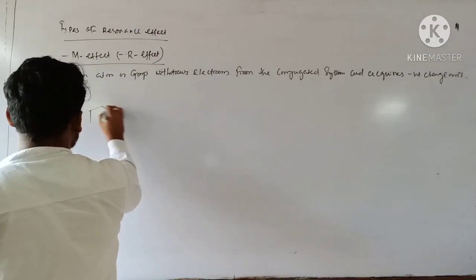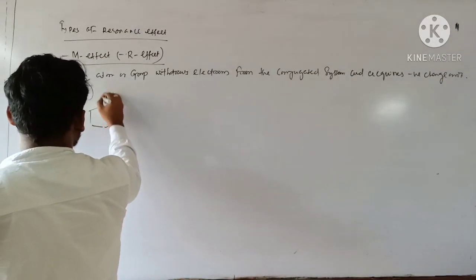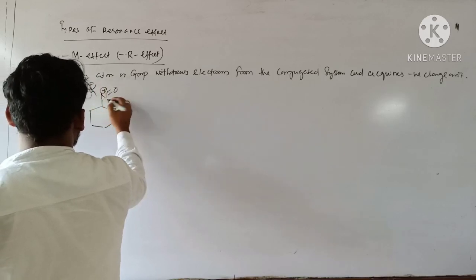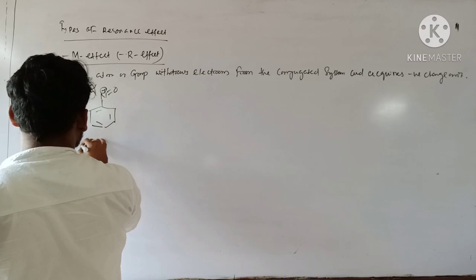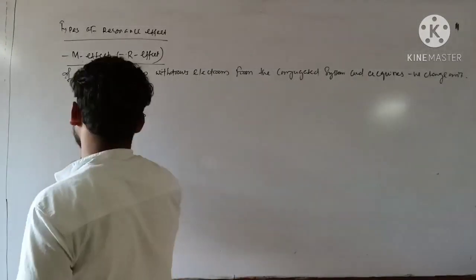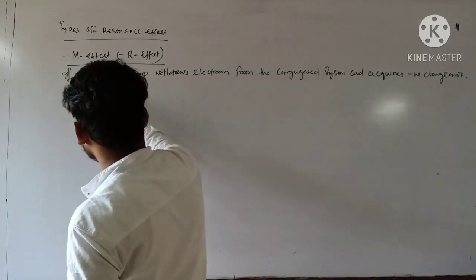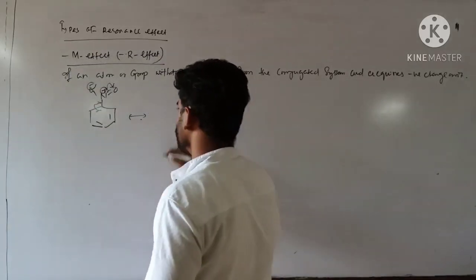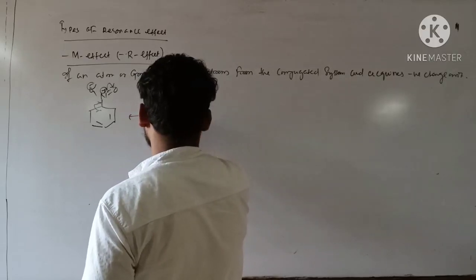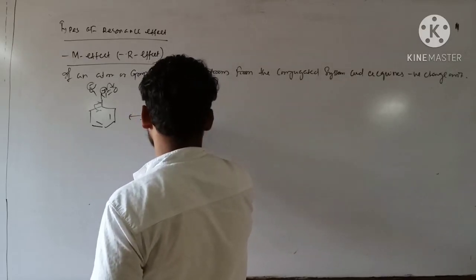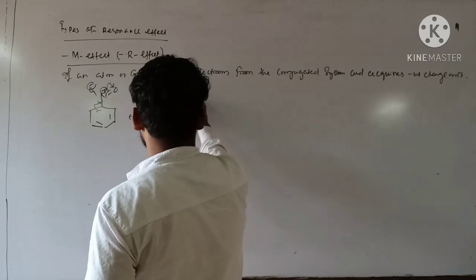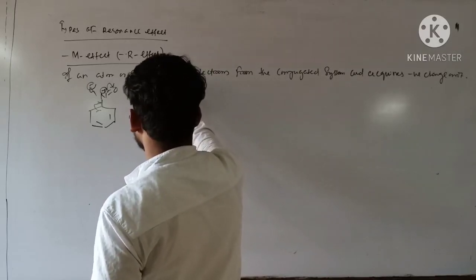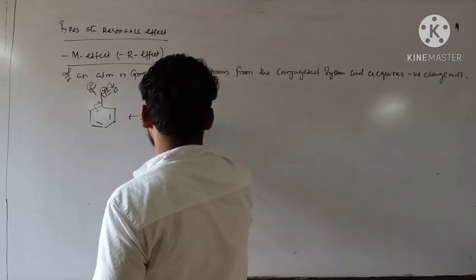For example, if I consider again nitrobenzene students, nitrogen plus, and here you see the structures I can get. This pi bond goes like that. From the delocalization system, electrons are withdrawn by this group, so you will get positive charge over here, double bond, nitrogen plus, oxygen minus, and oxygen minus.